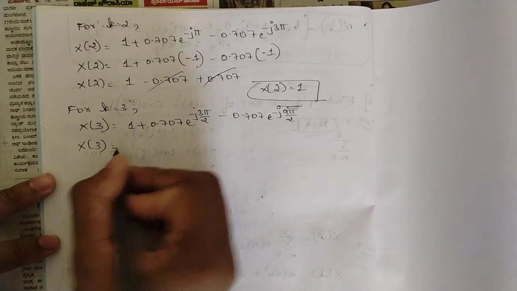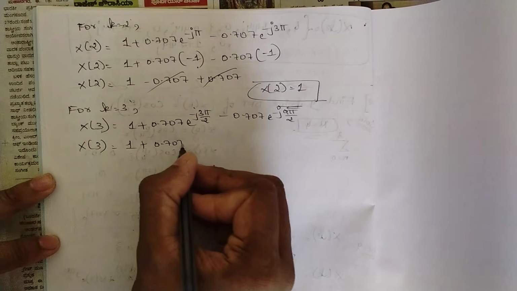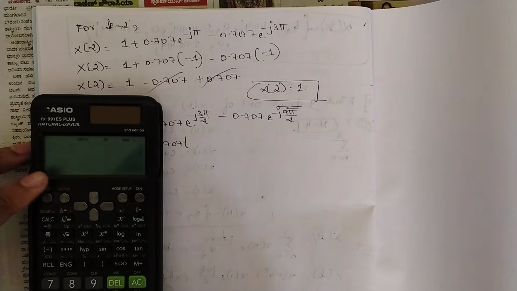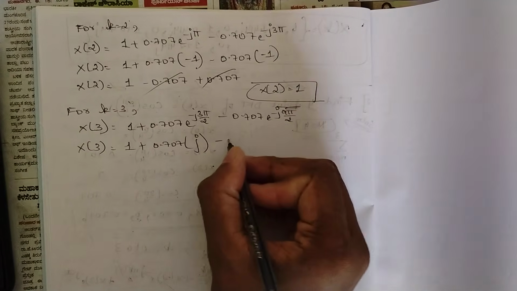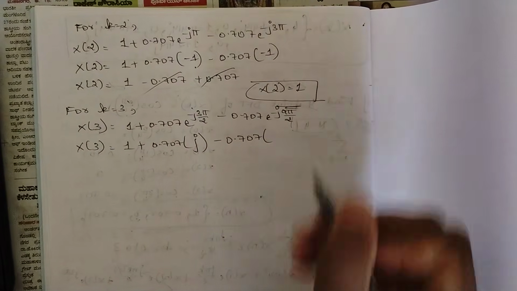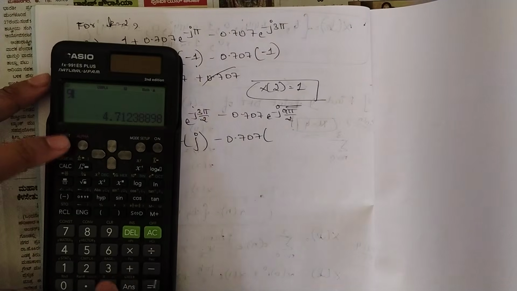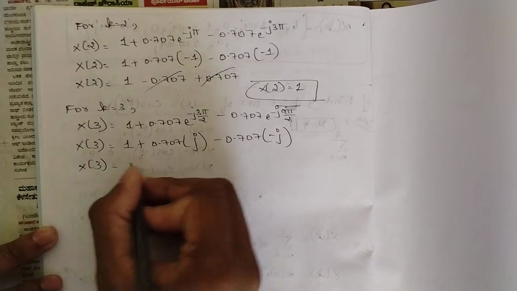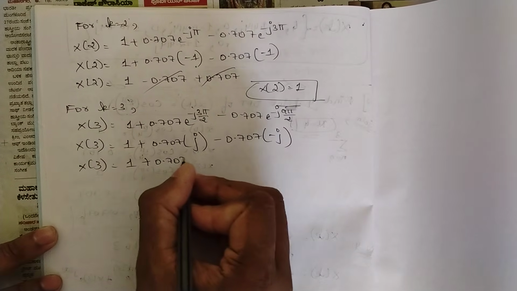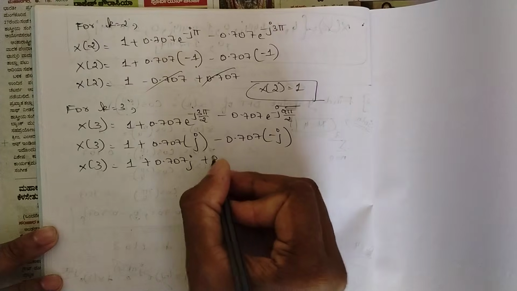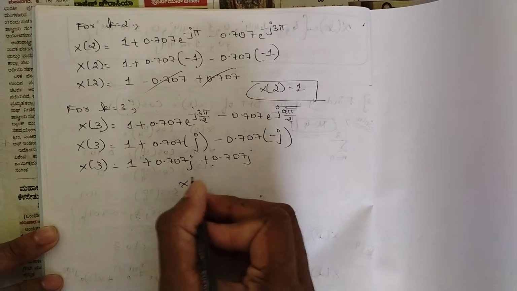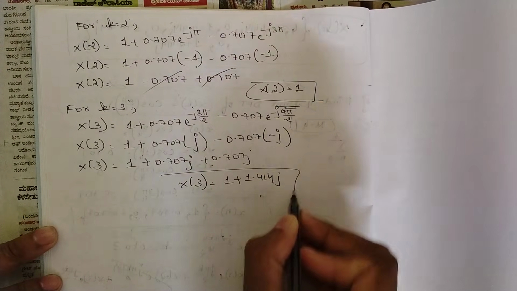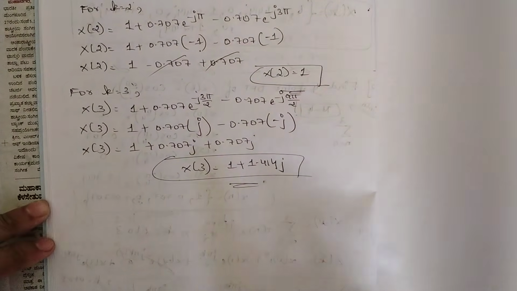So x of 3 is equal to 1 plus 0.707 into, the value of theta now here is 3 pi by 2, that is plus j, minus 0.707 into 9 pi by 2, that is minus j. X of 3 is equal to 1 plus 0.707 j, again minus into minus plus 0.707 j. So our final value of x of 3 is 1 plus 1.414 j.